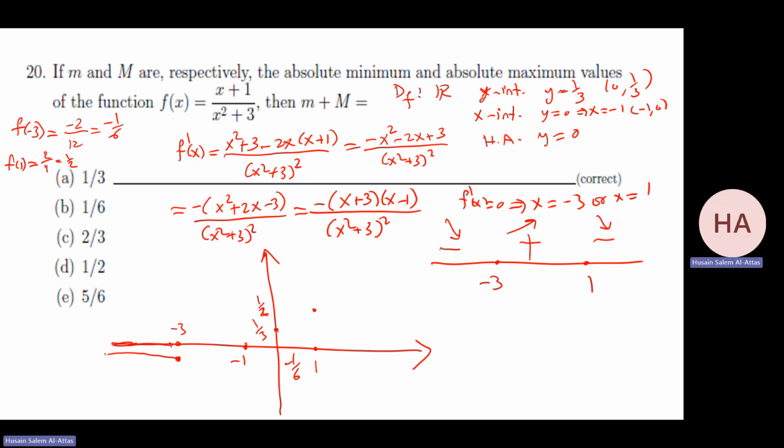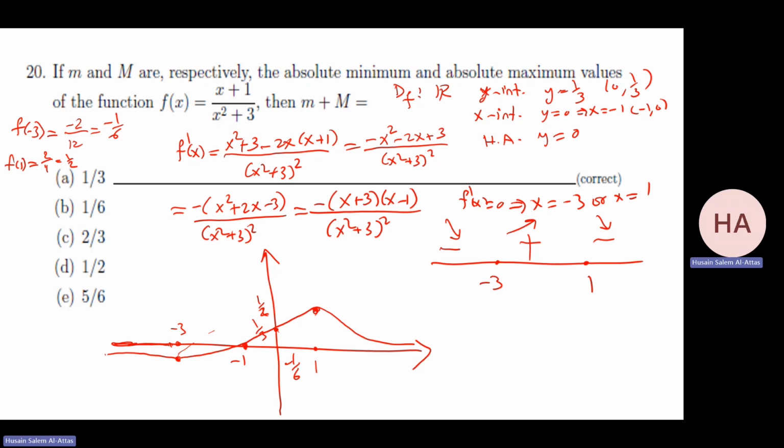Whether it's concave up or concave down, who cares? I just need to find the values. Then it will increase until 1, passing through all of these points. Concave up or concave down, who cares? I need just to find the absolute minimum and absolute maximum, so I don't care about this. You can find it if you want, it's up to you. Then it will be decreasing and go beside the asymptote.